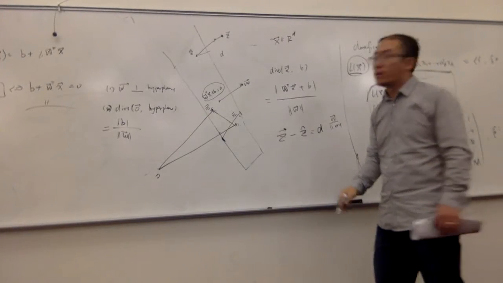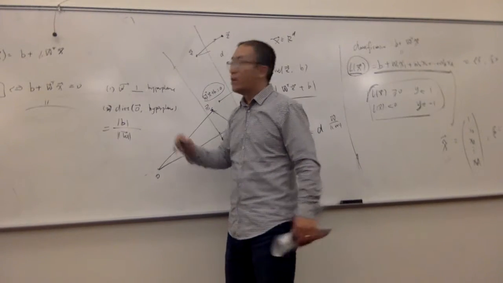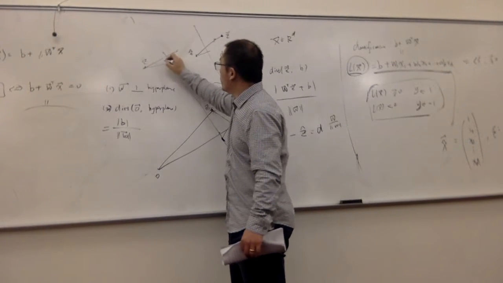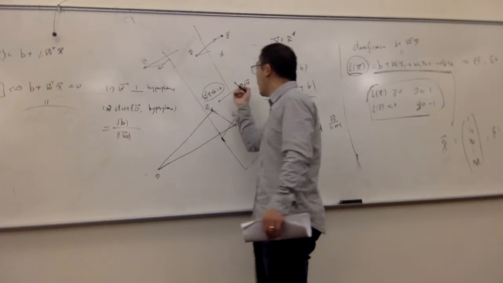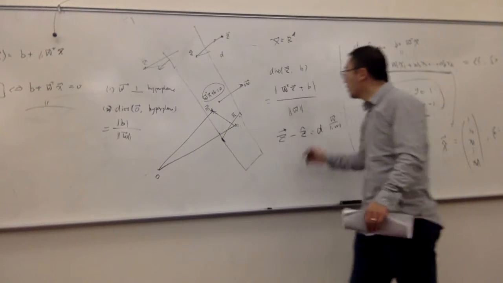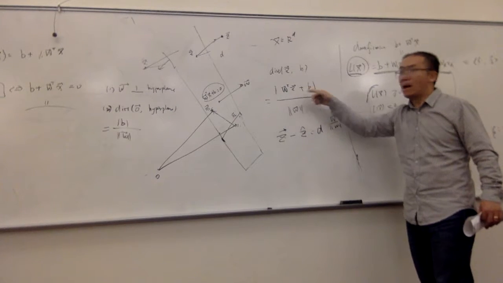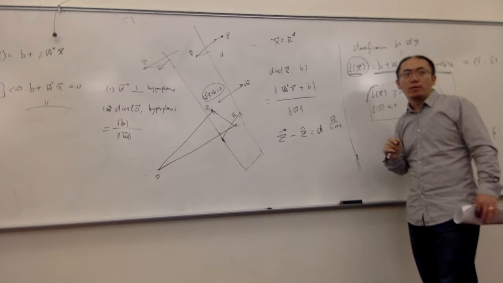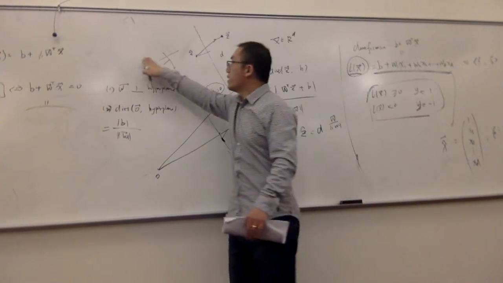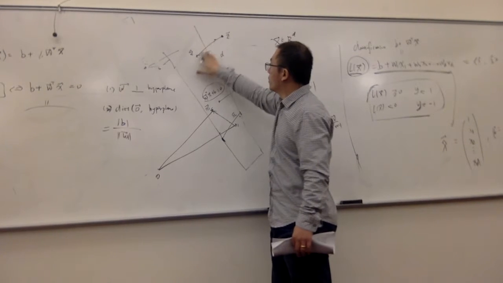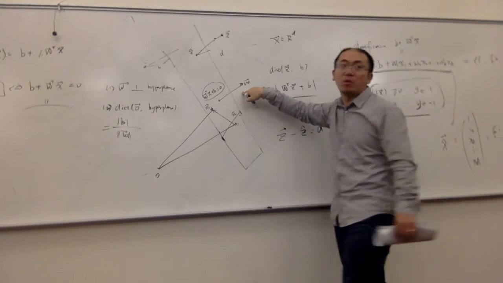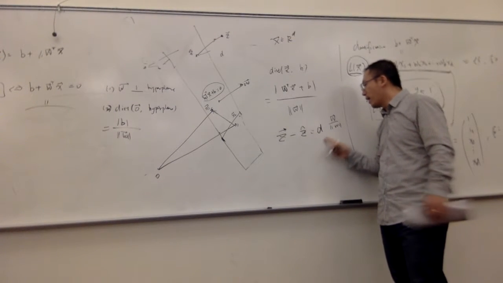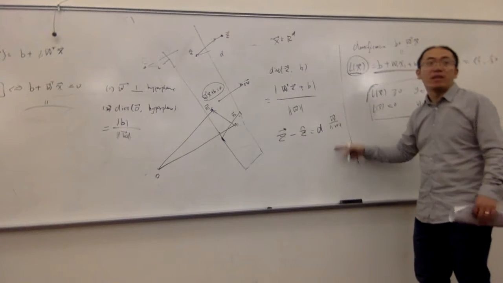Otherwise, if z is on the other side, so if z is here, then the direction is completely opposite to W. That's why in our final formula, it becomes an absolute value rather than some value without absolute. So let us just consider the case that the direction of this difference is the same as the direction of W. So we can represent z minus z hat by the distance multiplying the normalized W.